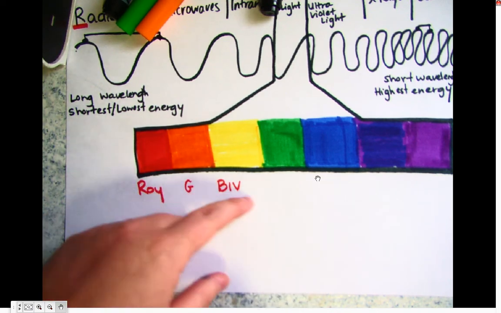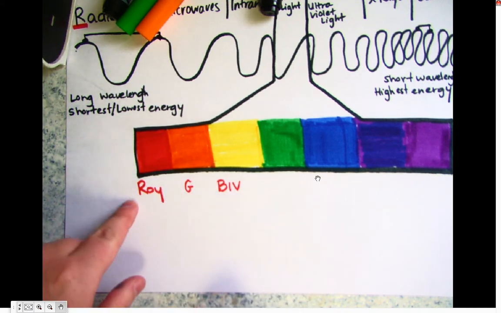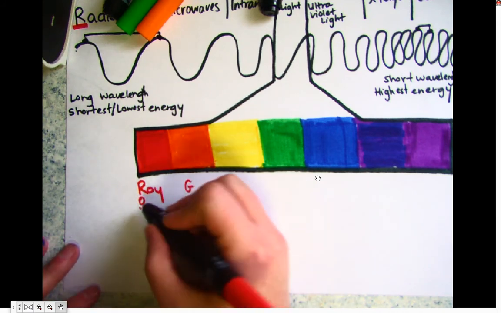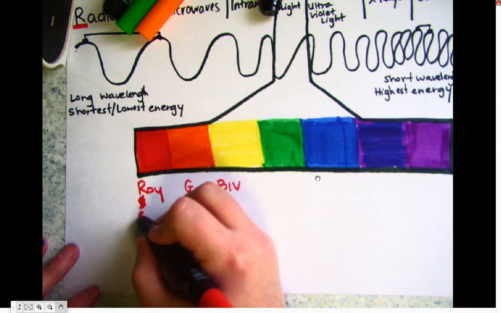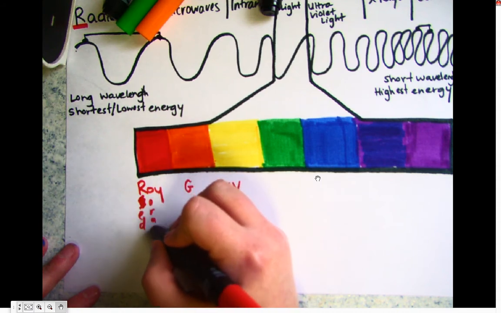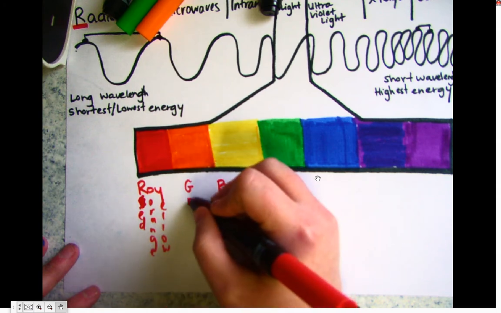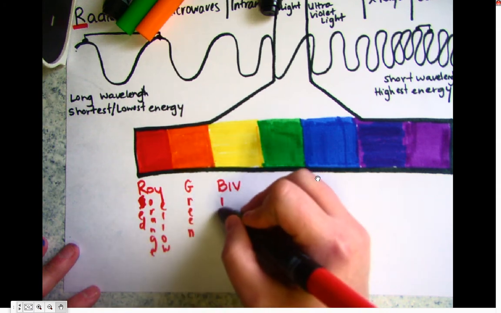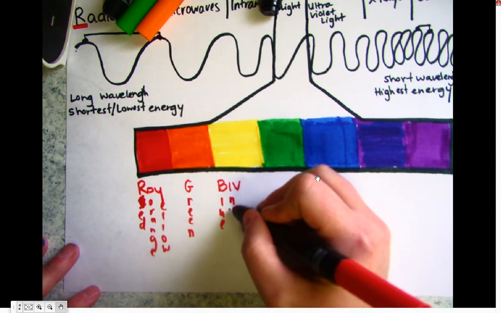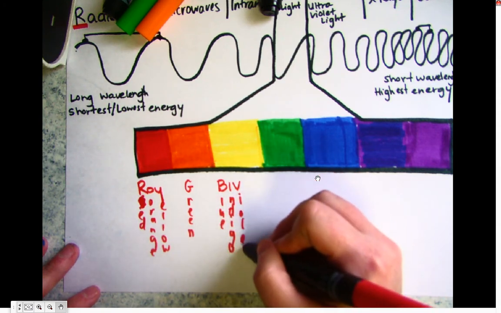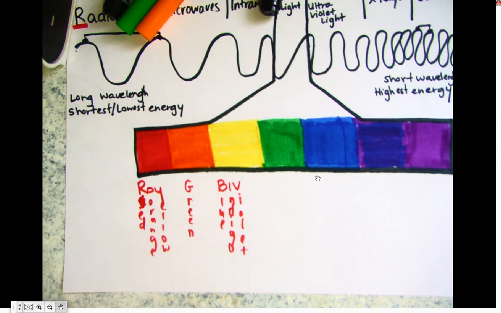That's pretty easy to remember, but if you have trouble, come up with something different. So it'd be red, orange, yellow, green, blue, indigo, and violet. All right.